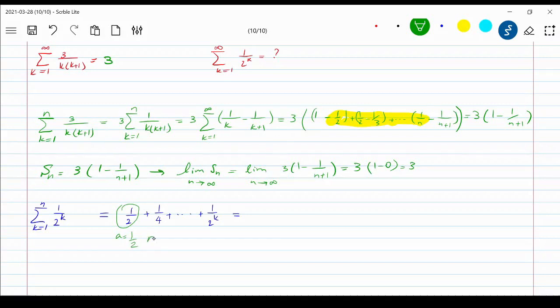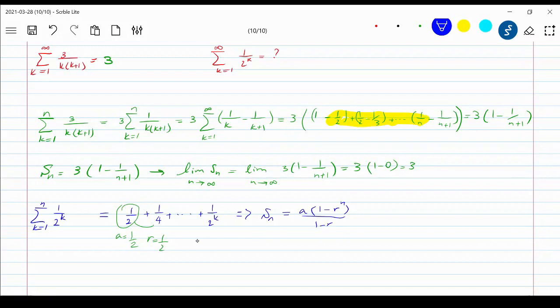And what is the ratio? The common ratio is, what do I multiply by 1 half to get 1/4? I multiply by 1 half. So I can say, let me just mention that this is Sn. If you remember, we calculated this was a times 1 minus r to the n divided by 1 minus r.